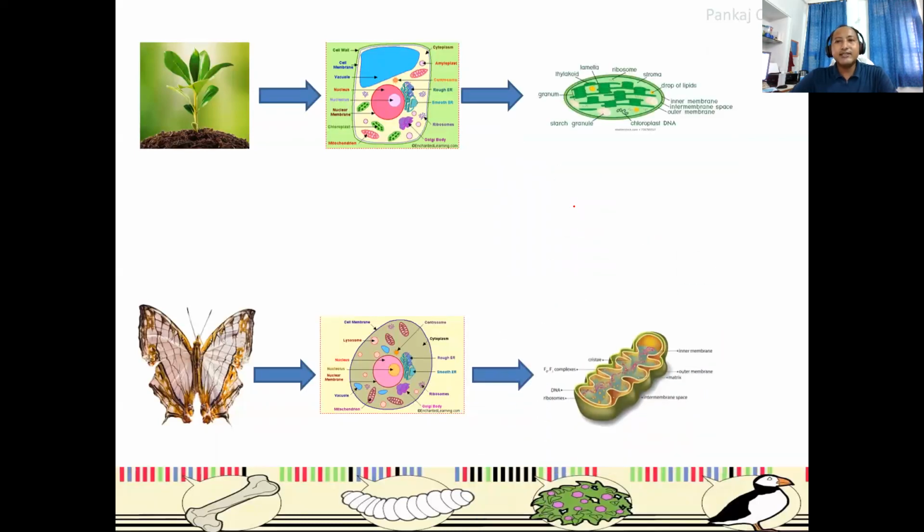Inside the cell, in case of plant cell, we find DNA inside the nucleus, then inside the mitochondria, as well as inside the chloroplast or plastids. So in case of a plant cell, we find DNA in three organelles: inside the nucleus, inside the mitochondria, and inside the chloroplast.